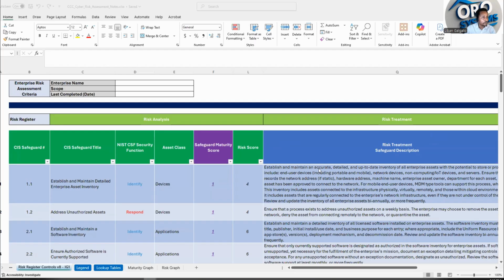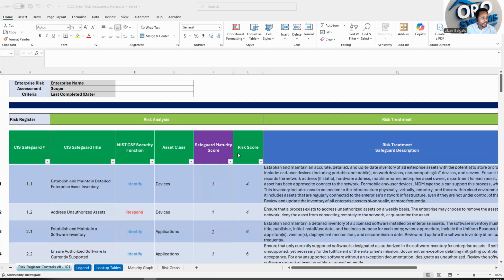This is something I want to show as the demonstration: how we can put all that together and use it for risk assessment. This form is one that I use for risk assessment.